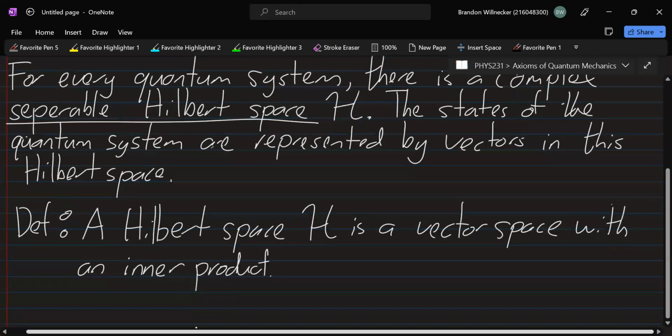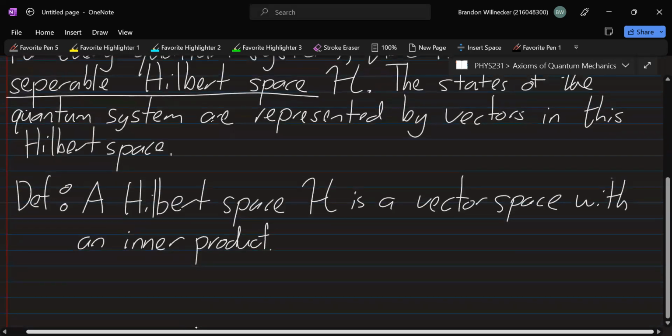There is an extra condition of completeness, but we won't be getting into that. For our purposes, just knowing that a Hilbert space is a vector space with an inner product is as far into this as we're going to go. We know what a vector space is, we know what an inner product is, so now we know what a Hilbert space is.